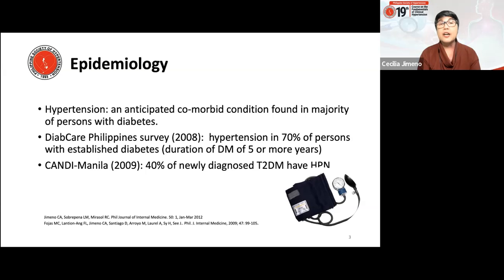And these are persons with diabetes whose estimated duration of diabetes is 5 or more years. However, even among newly diagnosed persons with diabetes, we found in the Candy Manila survey in 2009 that 40% of newly diagnosed persons with type 2 diabetes also have hypertension.